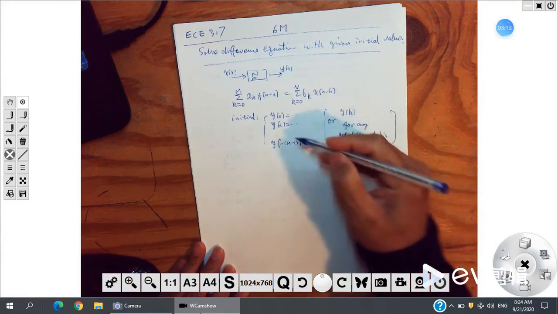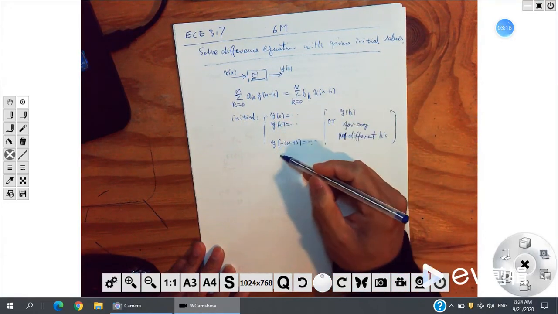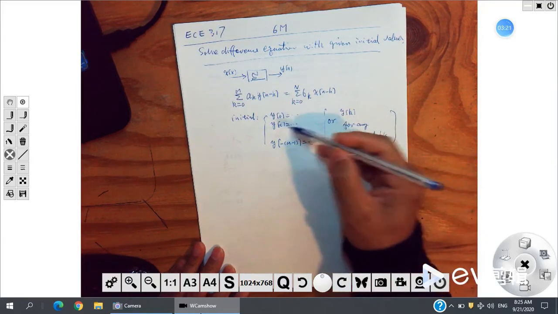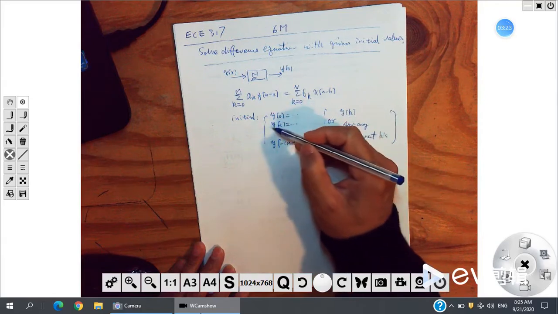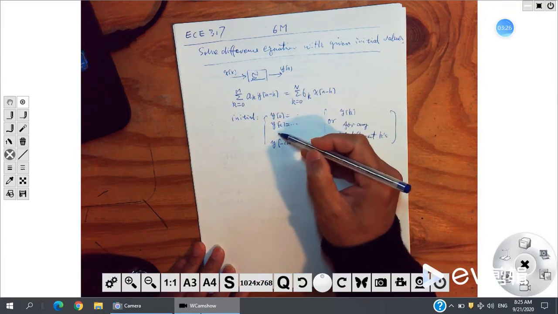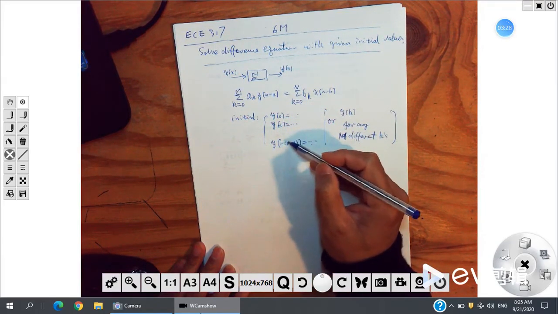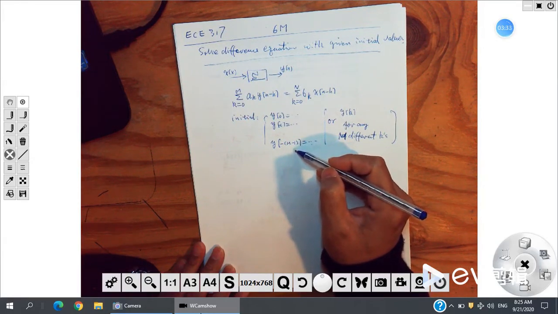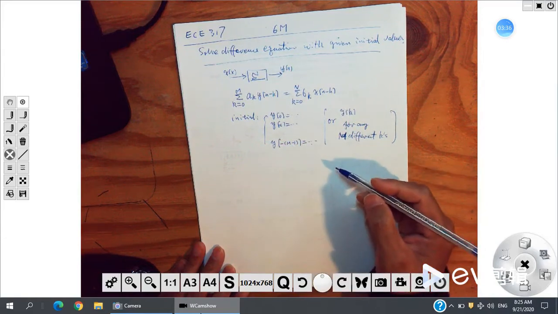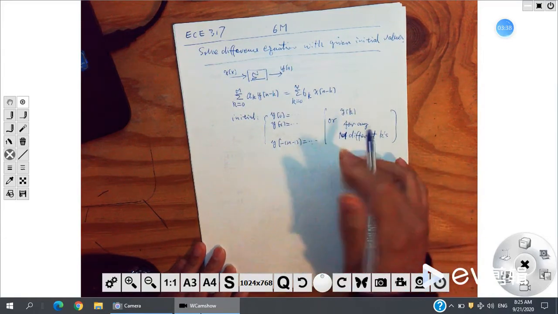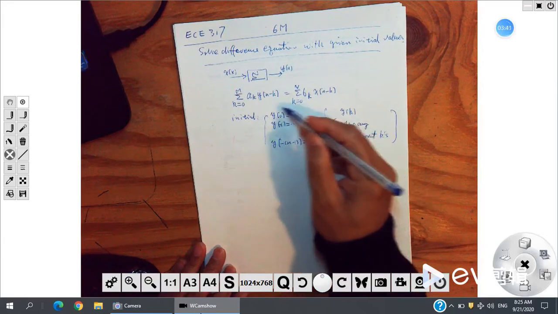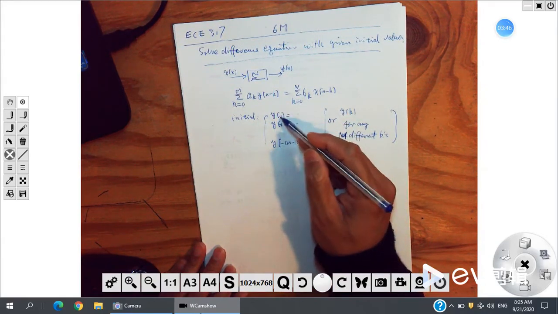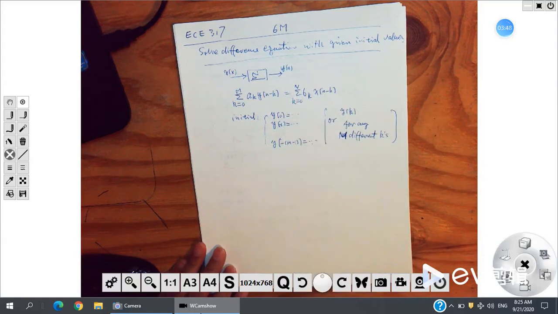For example, you can choose y of negative 1 to y of negative m as your initial values, or you can also use ten times those, y of negative 10, y of negative 20, until y of negative 10 times m minus 1, as the times to set up your initial values. You will have the same result, same method, right? But the first set of values is the most commonly used. Usually we use these times to set up the initial values.